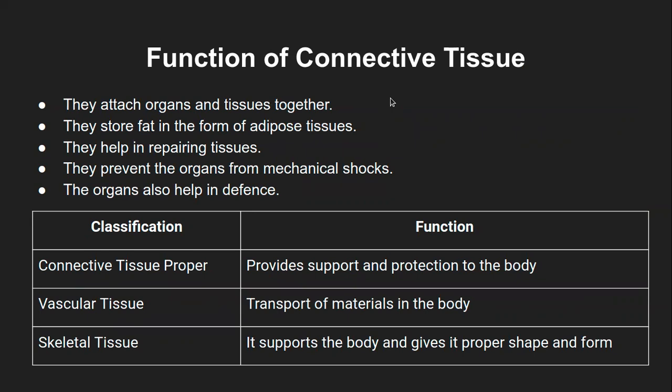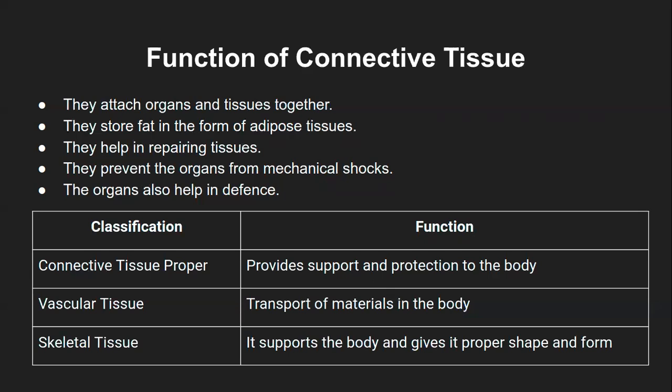Then looking at the overall functions. Again, we must have gone through this, but just as a quick and collective summary. They attach the organs and tissues together. So for example, within the abdominal cavity, you have the intestine, other organs like the liver and so on, or the kidneys on the back side.